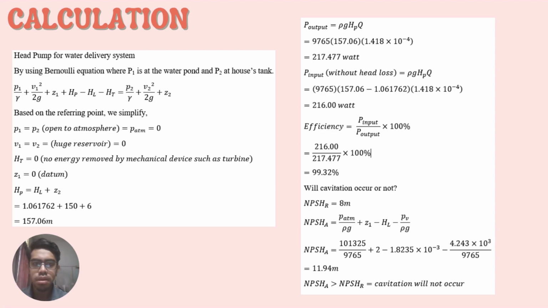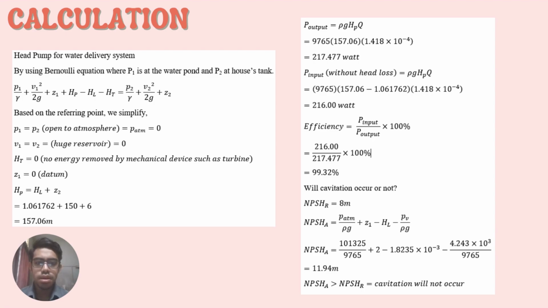157.06 meter. Then we calculate the power output, where the formula is rho g HP Q, and we get 217.477 watt, and P input without head loss, and we get 216 watt. And we calculate the efficiency by using the formula P input over P output times 100%, and we get 99.32%.